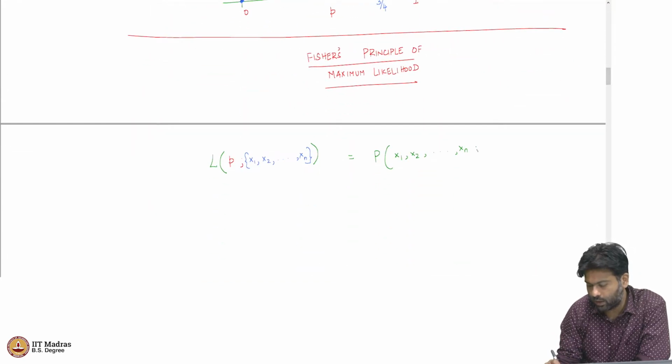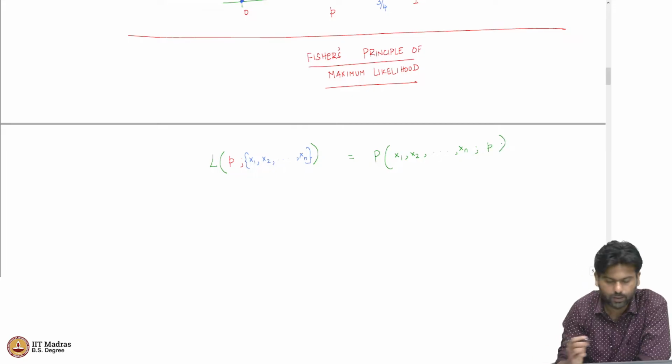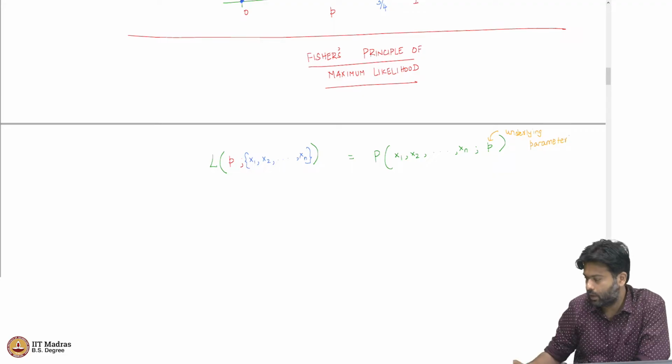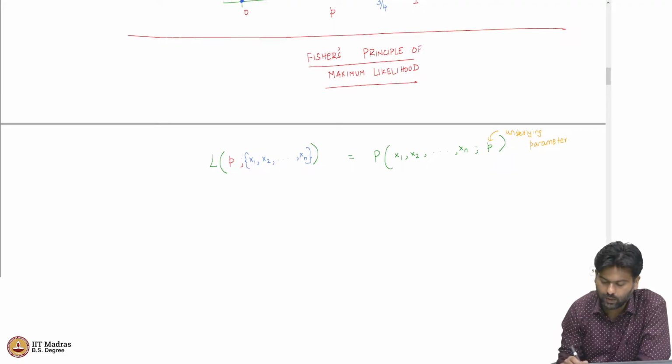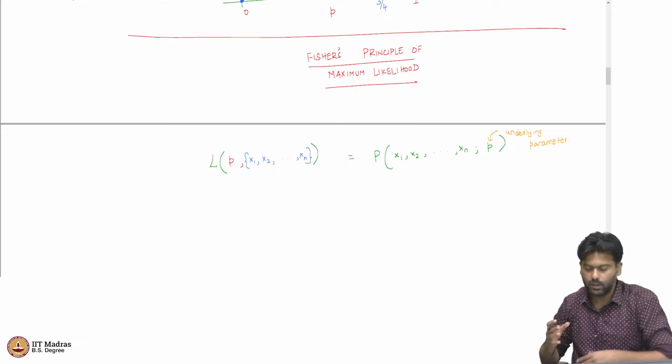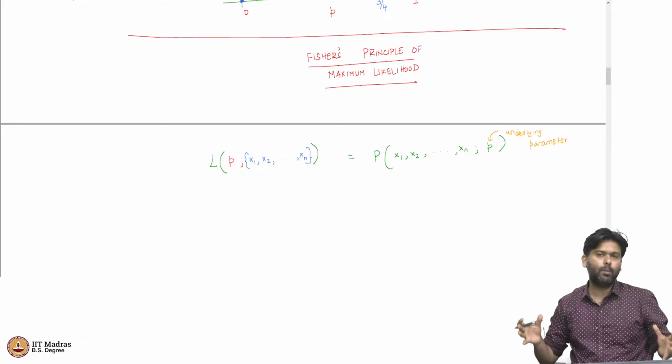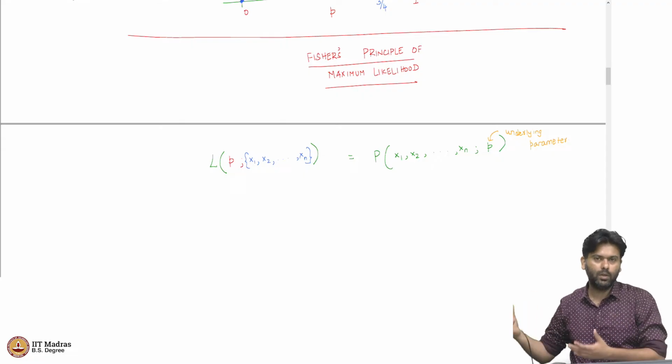So, if the underlying parameter is p, this is the underlying parameter. Now, this is a joint distribution. This is the probability that all these things happen together, that the first toss is 1, the second toss is 0, the third toss is 1 and the fourth toss is 1.